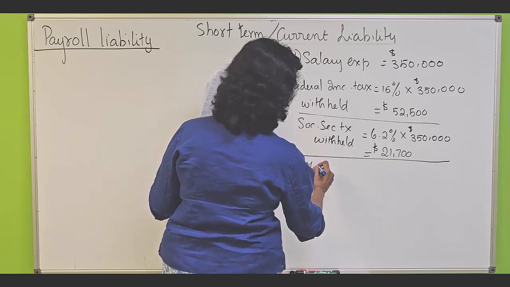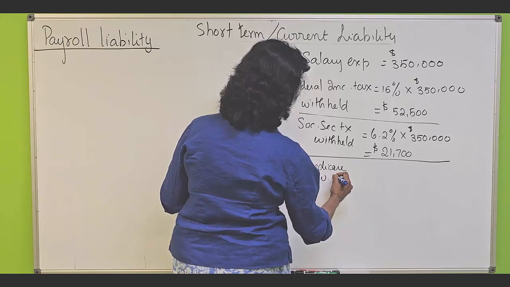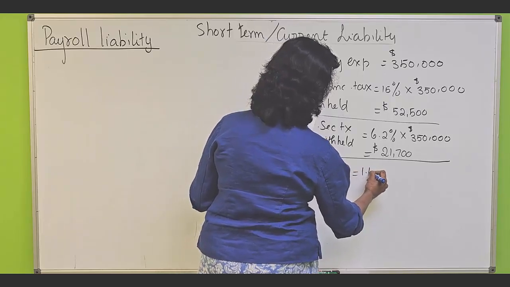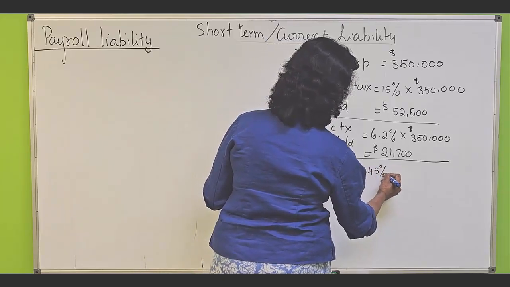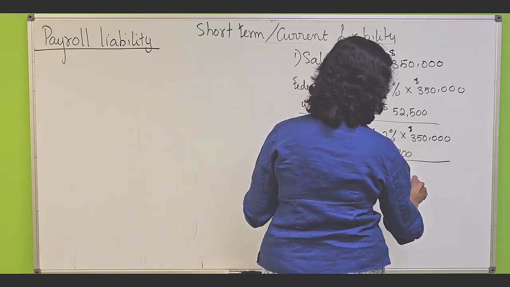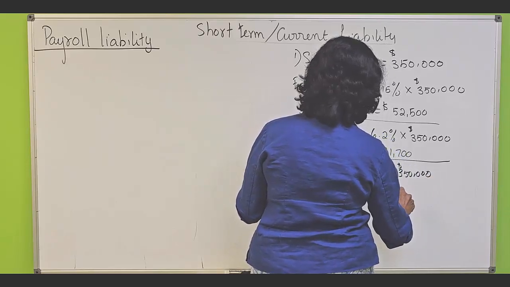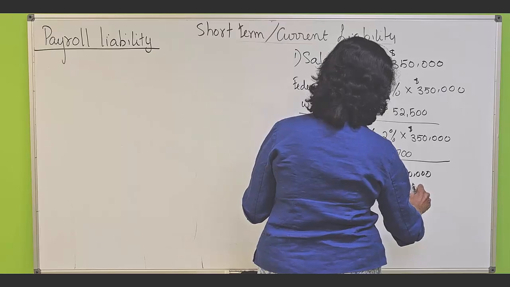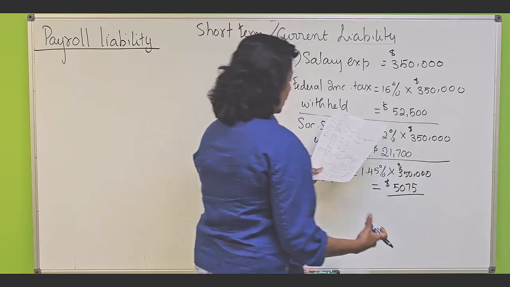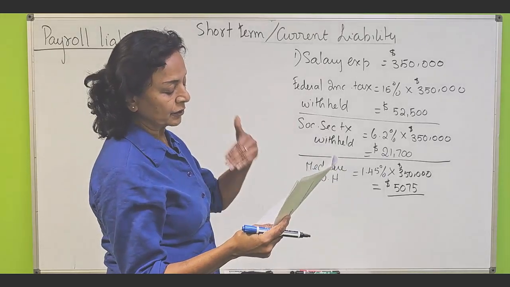Now, the Medicare tax withheld, that equals 1.45% times $350,000, that equals $5,075. So the remaining, the company is going to pay towards the employees.